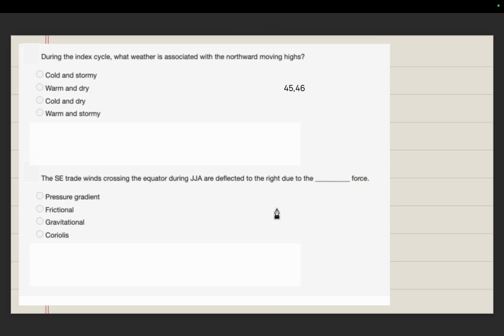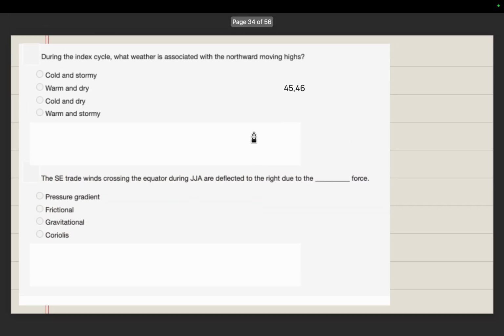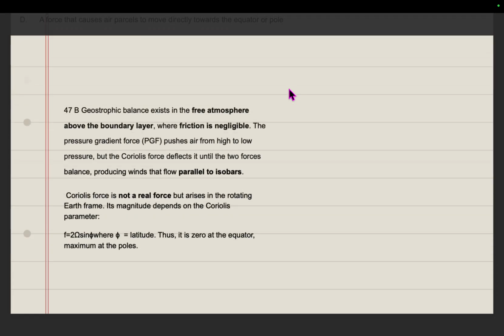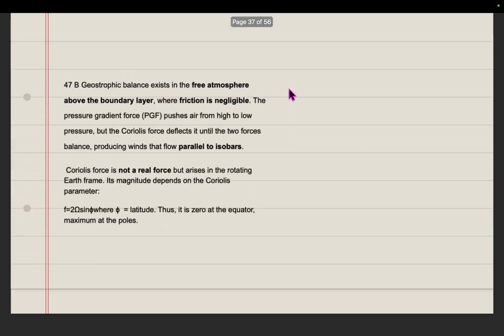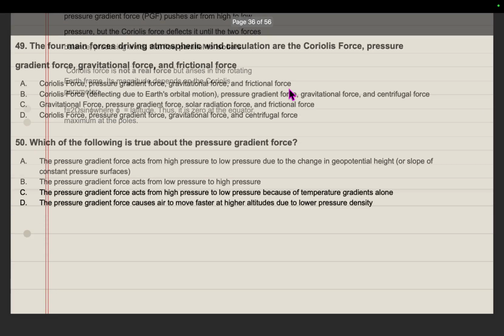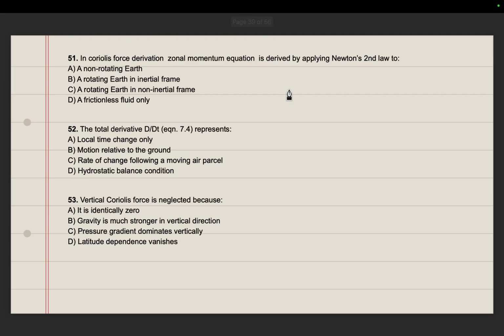Maybe that is due to velocity, but we have to check. Question 45 to question 50 I am skipping. Now question 51.